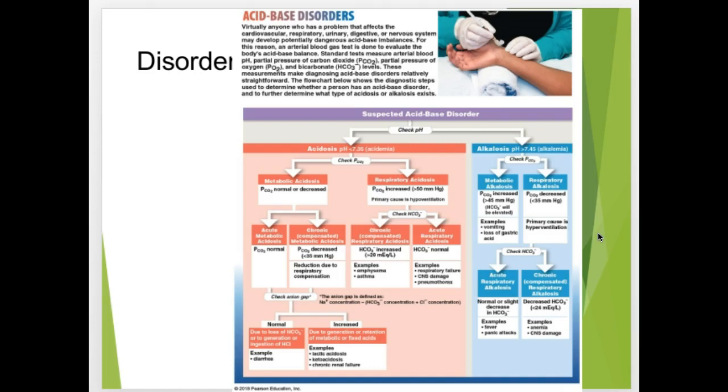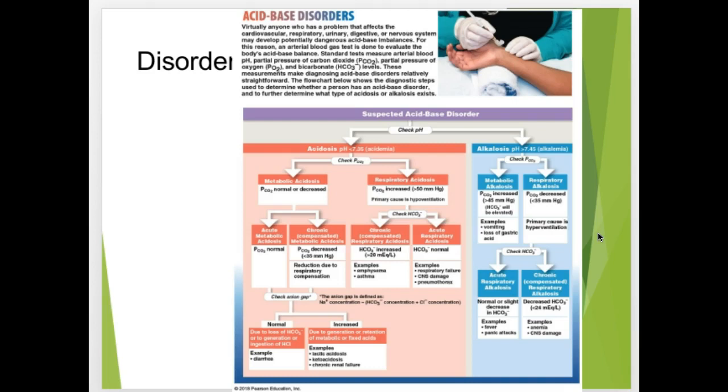But long-term compensators will be the kidneys. The kidneys are going to start to get rid of the bicarb, specifically if you have too much acid. If you have too little acid, so you're not getting enough CO2 in, again it's a respiratory problem, but the kidneys are going to be your oversight and help to keep in the bicarb.